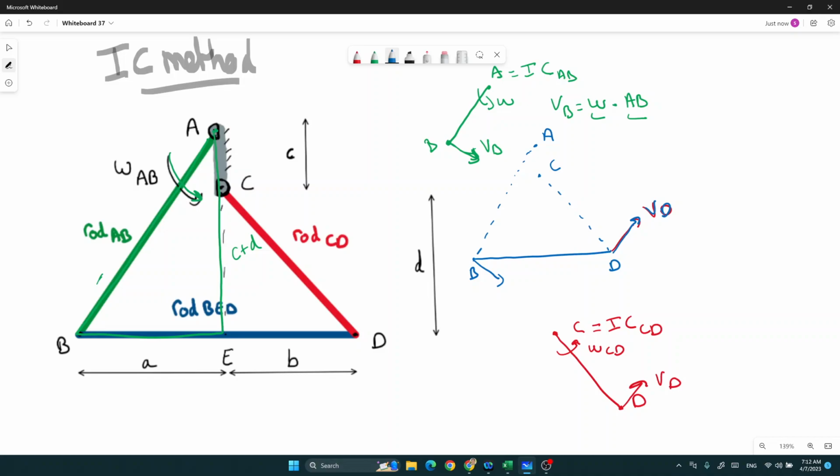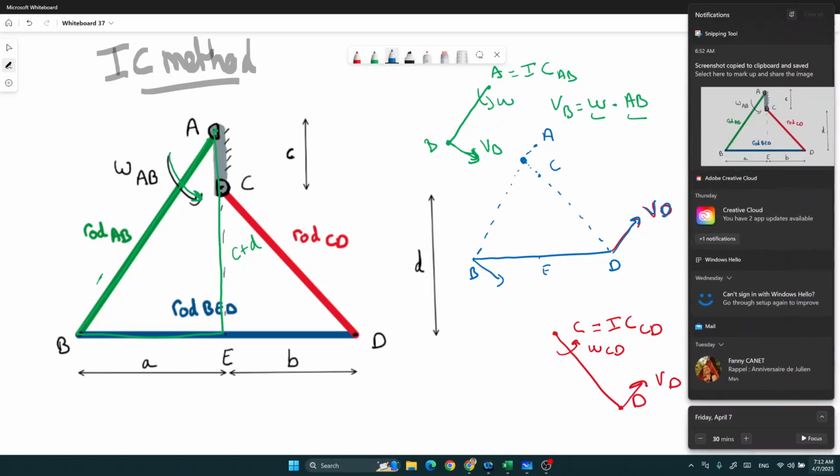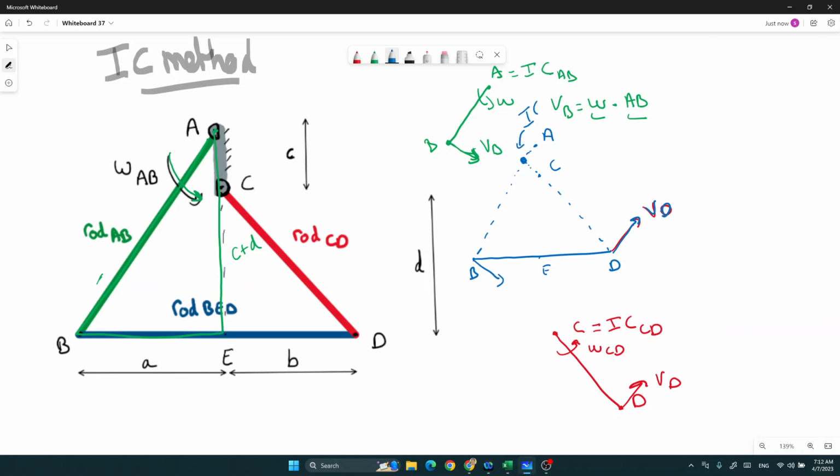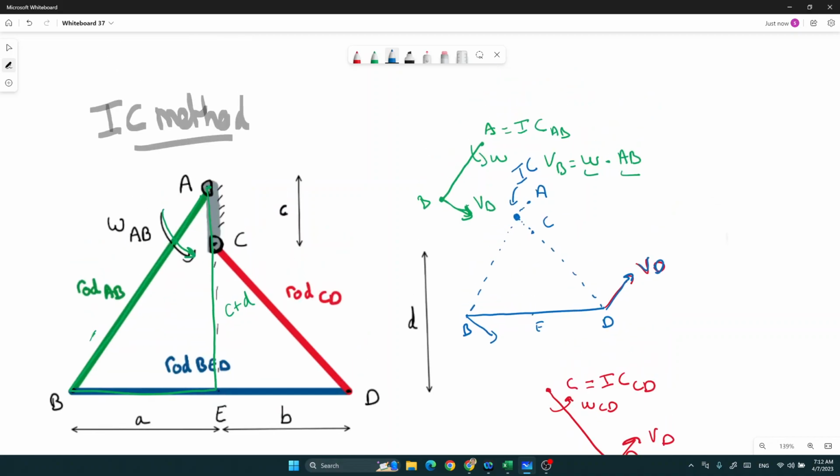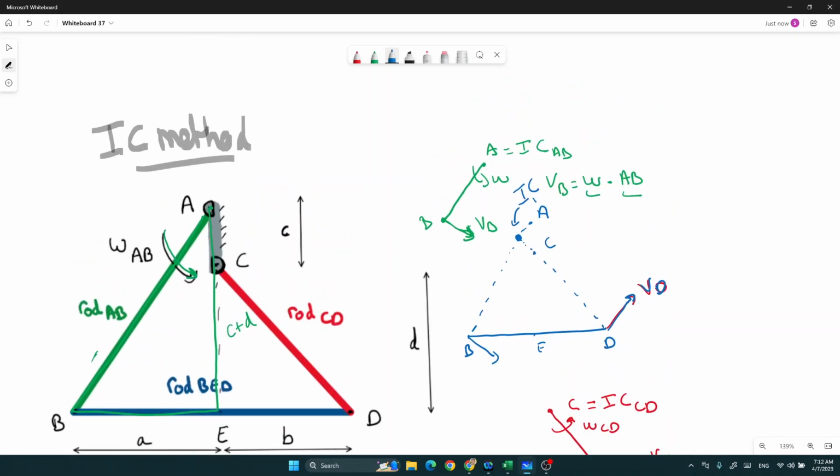So where is the IC of the road BED? We have the E there, BED. That will be where AB and CD meet. So this one is the IC of the road BD, BED.